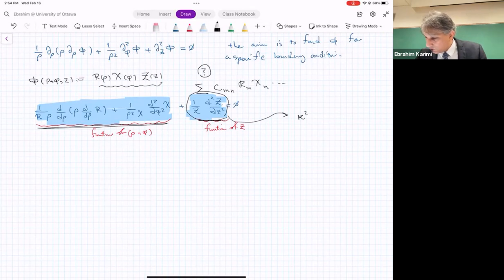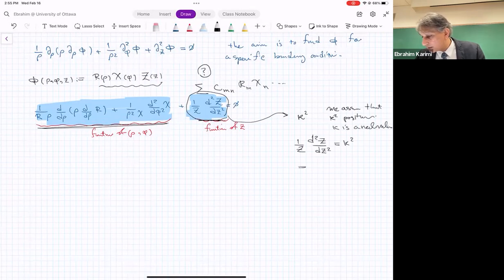So we assume that this is positive and k is a real value. All right, good. So then for the z part, I have 1 divided by Z, second derivative of Z with respect to z, equal to k square, which means that, what is the solution for this?